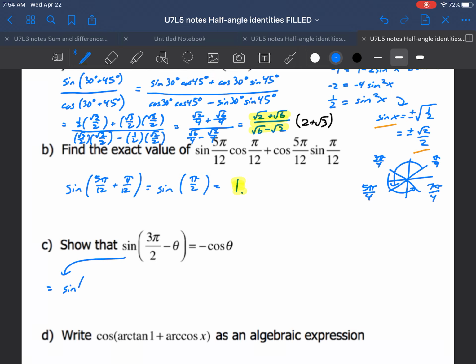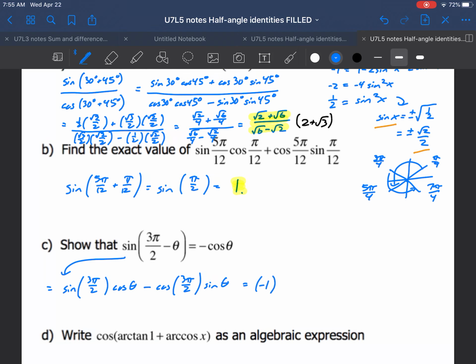So this is equal to sine 3 pi over 2 times cosine theta minus, again it's a minus because this is a minus, cosine 3 pi over 2 sine theta. Okay, sine 3 pi over 2, well that's straight down, so that's going to be negative 1. The cosine of 3 pi over 2, that's straight down, so that's 0, right?